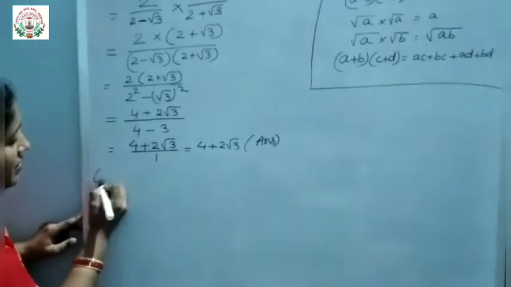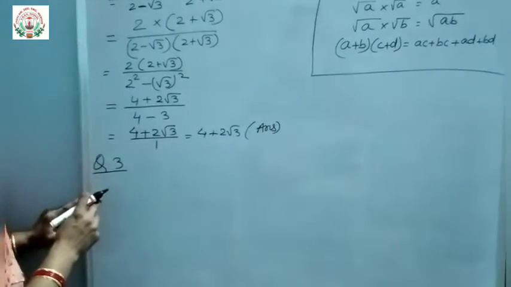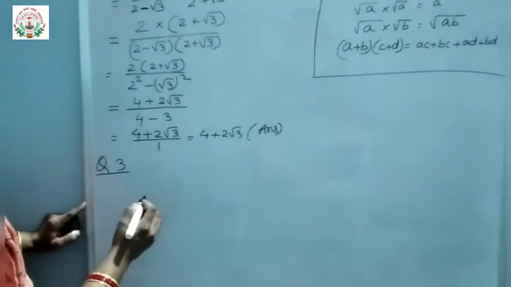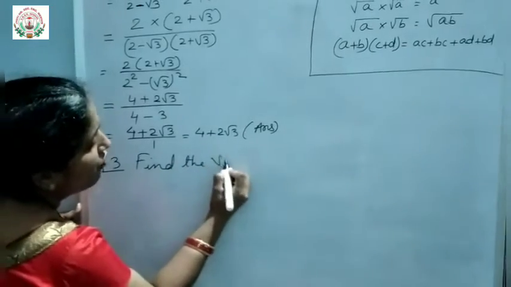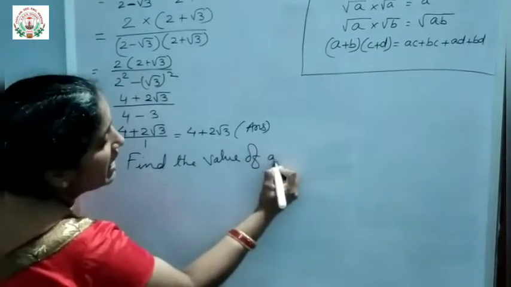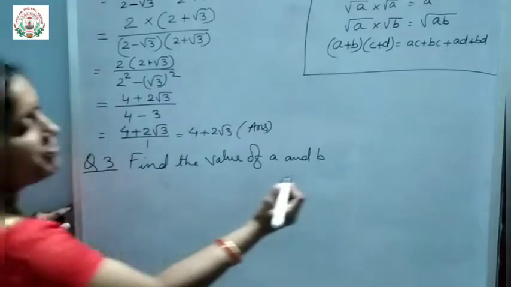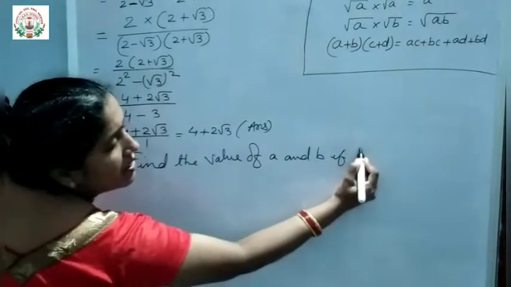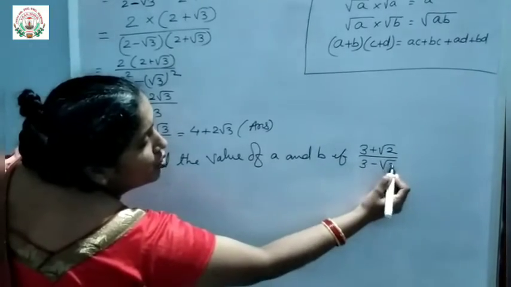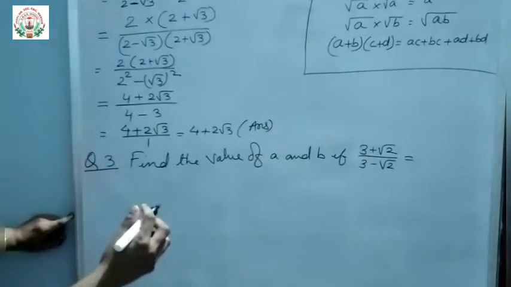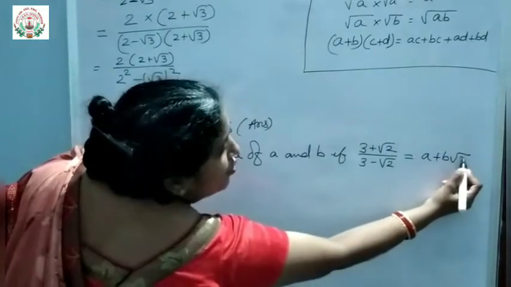One more question we will take, that is question number. This is a little bit different. Okay, this type of question we will also take. What is the question? That is, find the value of A and B if 3 plus root 2 upon 3 minus root 2 equals A plus B root 2.